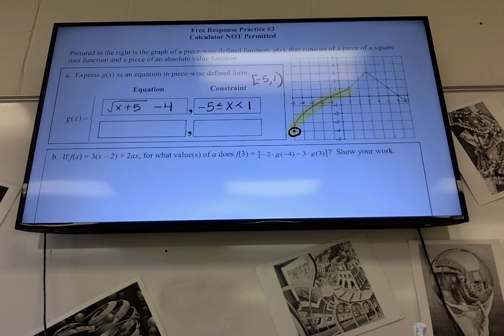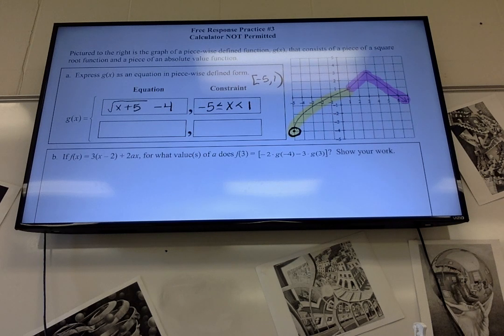Okay. The next one is the absolute value function. The absolute value function starts and stops here. Where does it start on the x coordinates? It starts at 1, and it doesn't include 1. And then where does it stop?